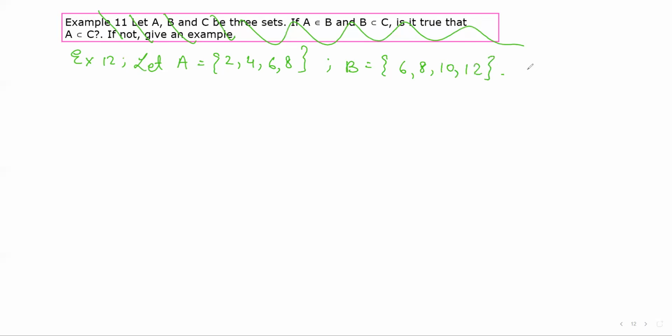You have to find A union B. Now, to find A union B, the best thing to do is write all the elements of the first set. Now, consider the second set's elements. 6 present, 8 already mentioned. So, write those elements in B which are uncommon with A. This is A union B.